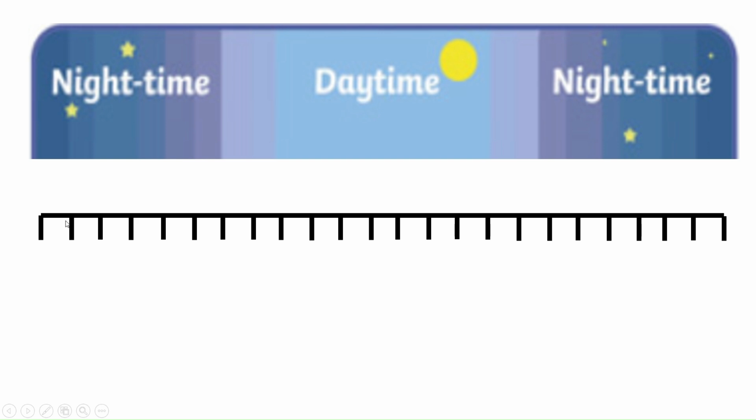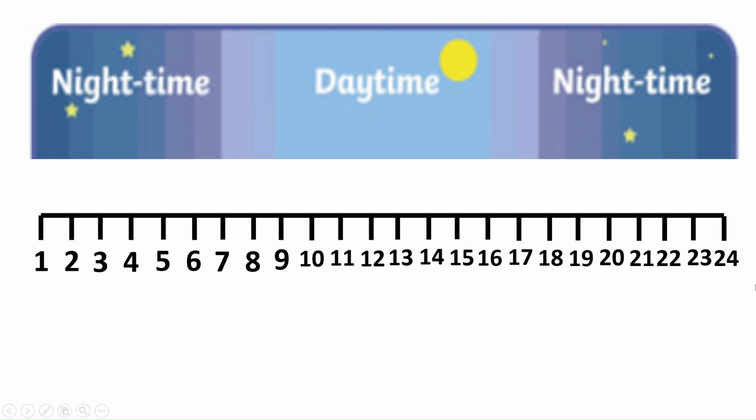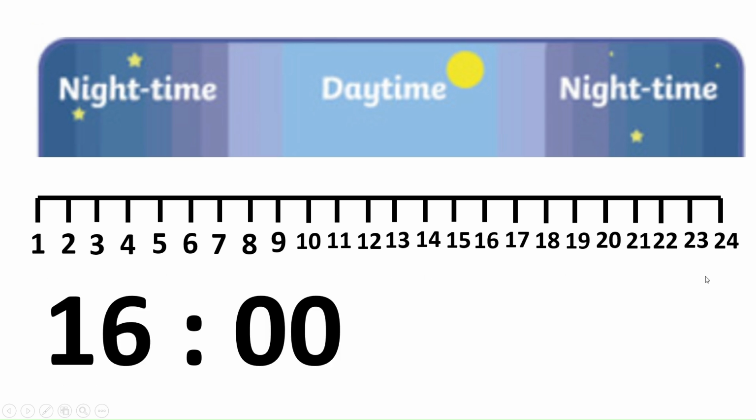We have a long timeline here, from night to day and then back to night. We have the first 12 hours here and the last 12 hours here, since we know that 12 at 12 is 24, which is how many hours is in a day and a night. Let's look at this time here, 16 hours.